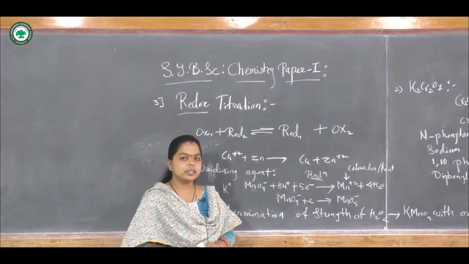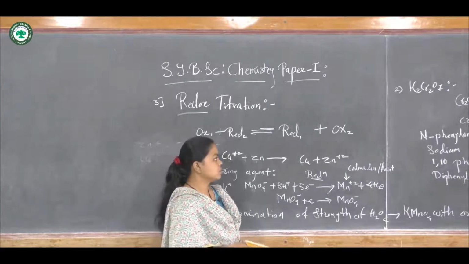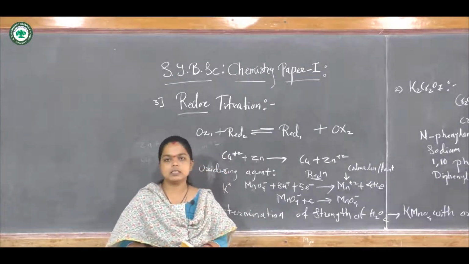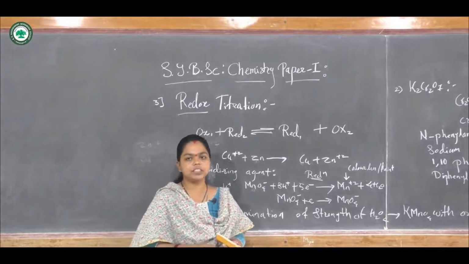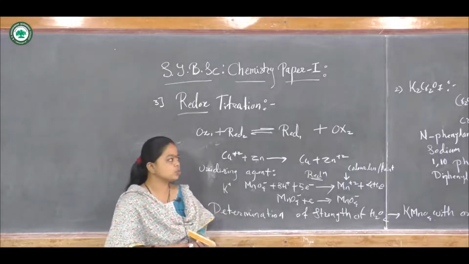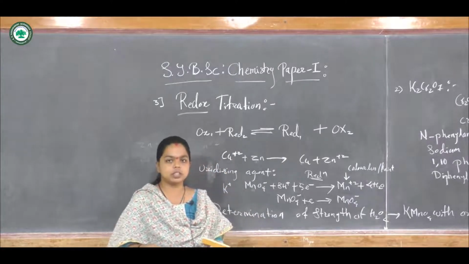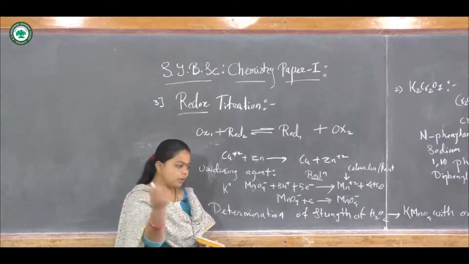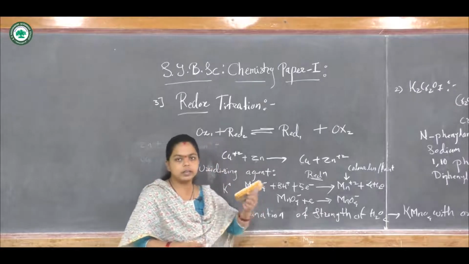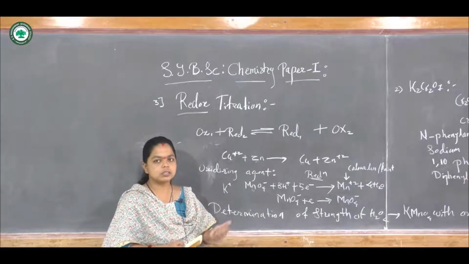First they have to be standardized by titrating with another primary standard substance, and then the exact concentration is determined, and after that it is used for the redox titration. So this is the drawback.